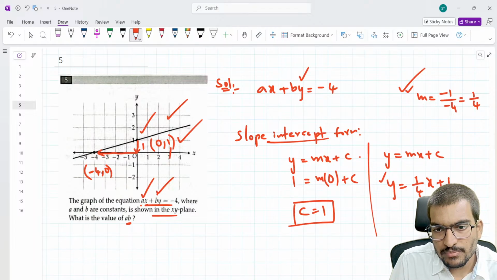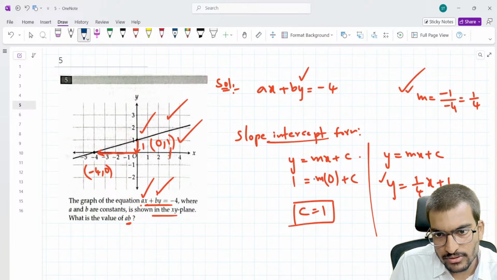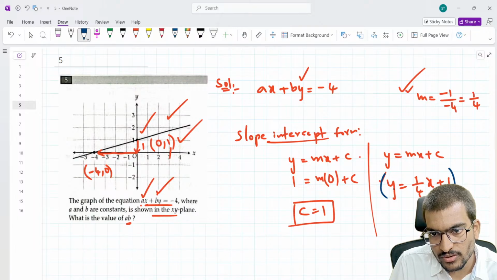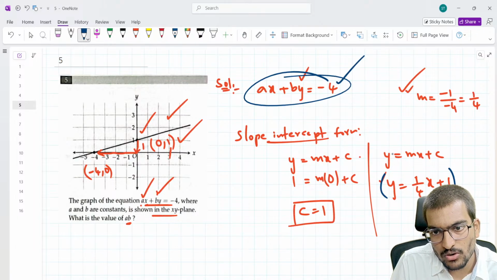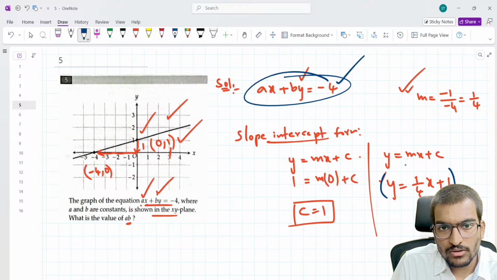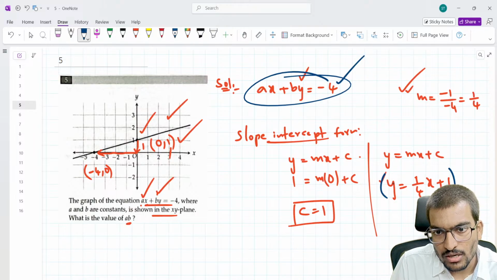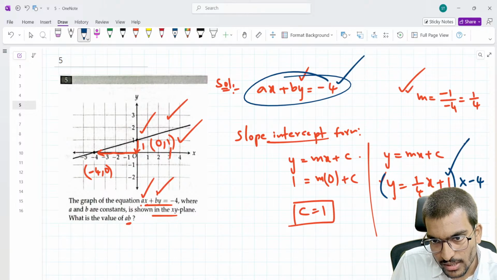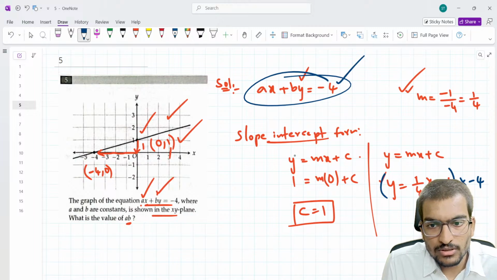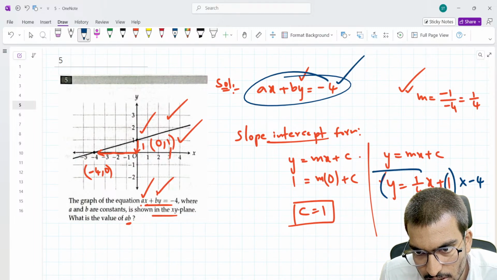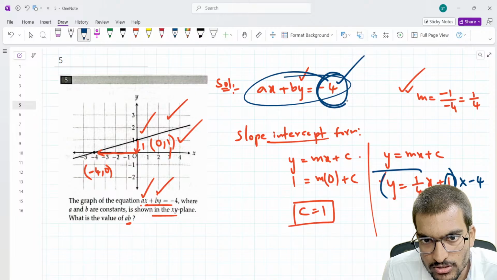I'm multiplying the equation I have here and I have to match it with the equation I have here. I have the constant value negative 4. So if I want my constant value negative 4, I am multiplying this equation with negative 4 so that I will have this constant value negative 4. Hope you get it, because if I send this to LHS, here I need to have negative 4.